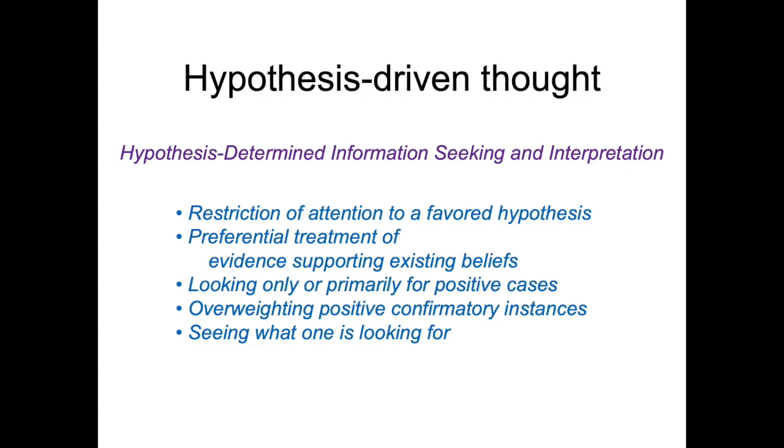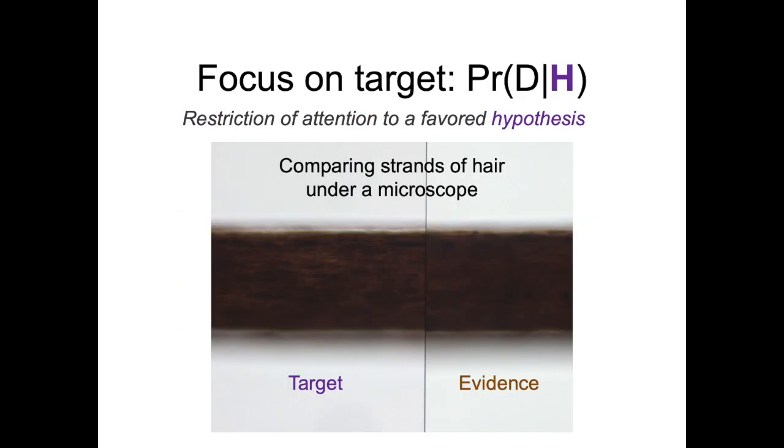Fourth, overweighting positive confirmatory results by focusing more on what's supporting your argument than what might be against it. And finally, seeing what one is looking for in the evidence instead of what's actually there. Here are illustrations of confirmation bias taken from the case that we'll be discussing later.